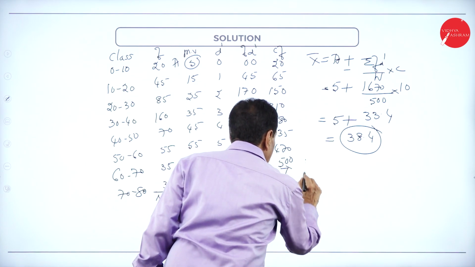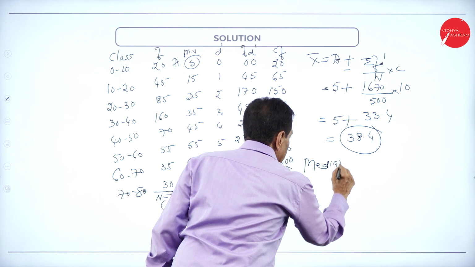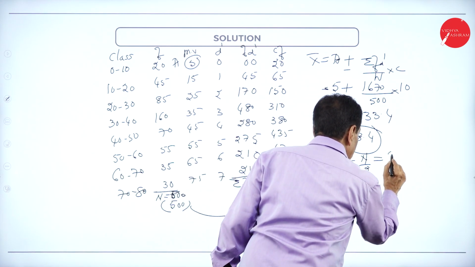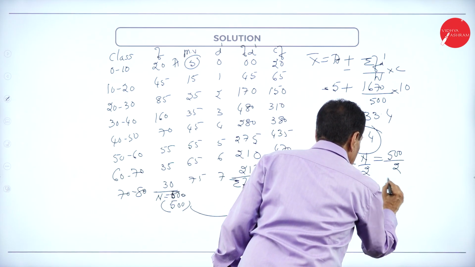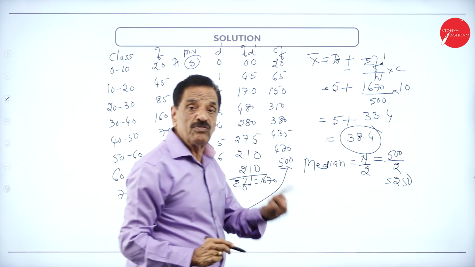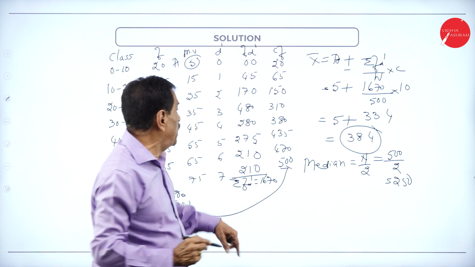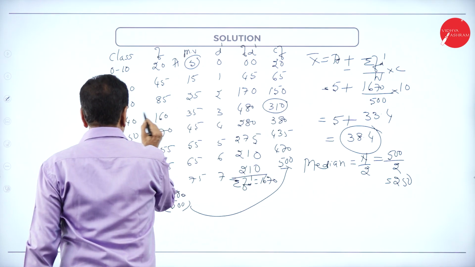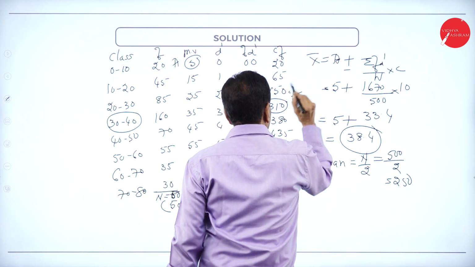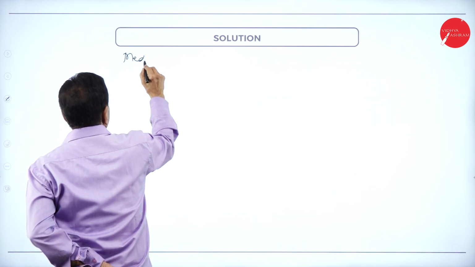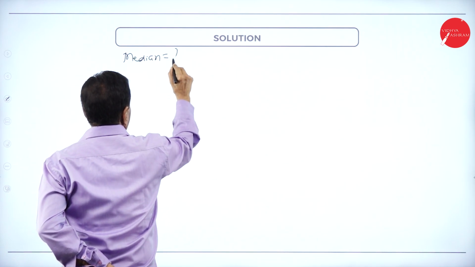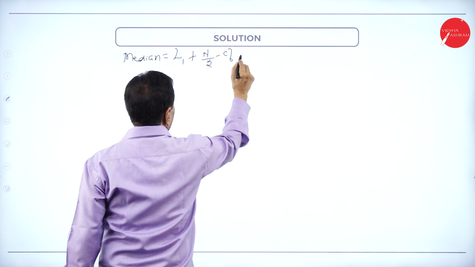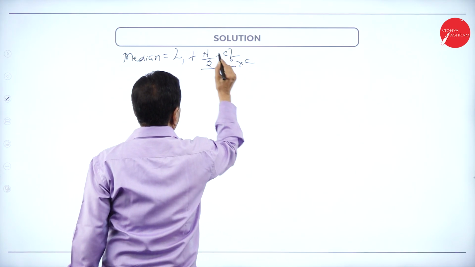Then we'll go to median, which is equal to n by 2. 500 divided by 2 is equal to 250. Find 250 in the cumulative frequency CF. It will come under 310. This is your CF. Median is equal to L1 plus n by 2 minus CF over f into c.